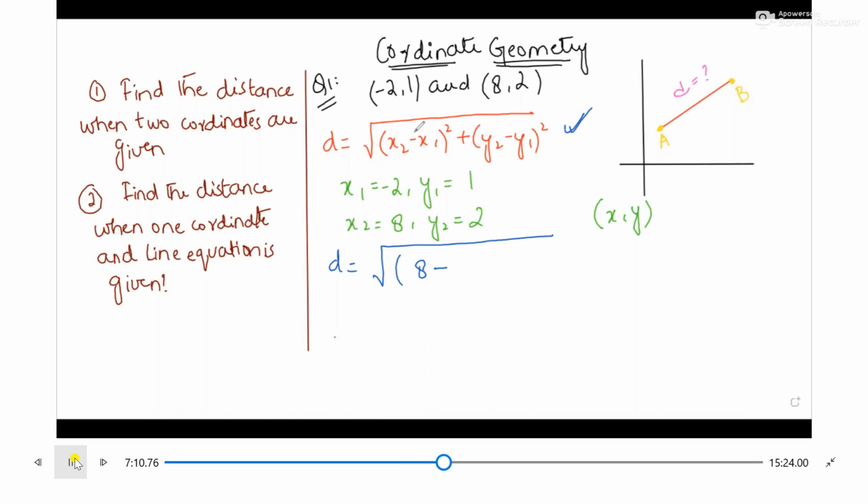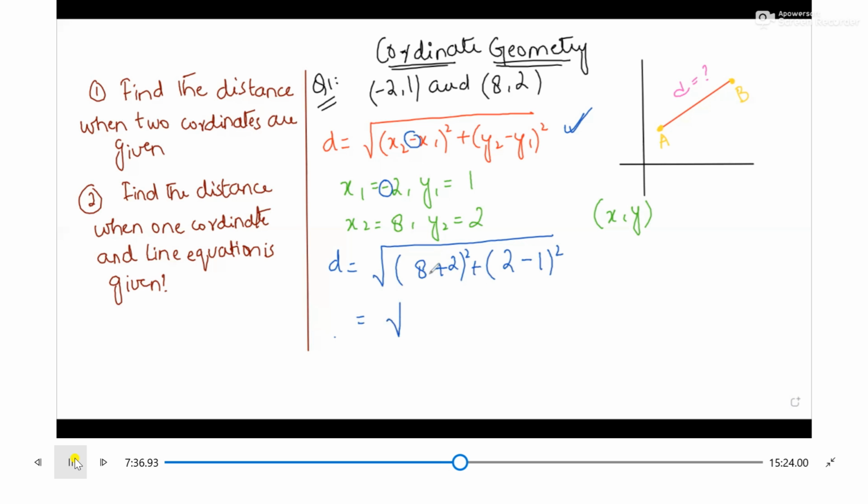This sign indicates the negative sign of the formula, and this negative is basically the value of x1. So negative and negative will become positive, 2, whole square, plus y2. The value of y2 is 2, minus, as per the formula, the value of y1 which is 1, whole square.